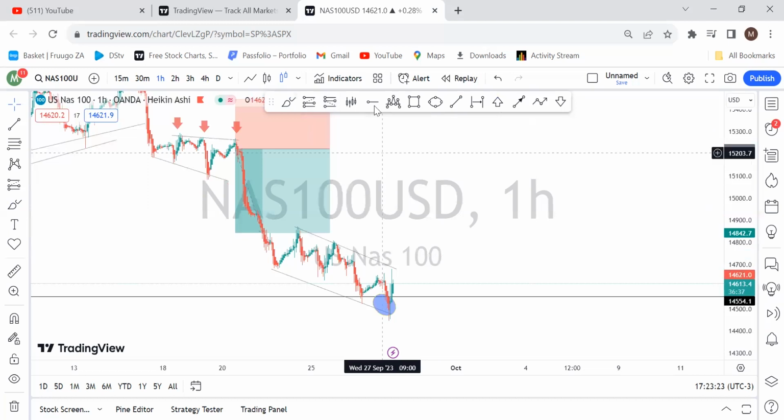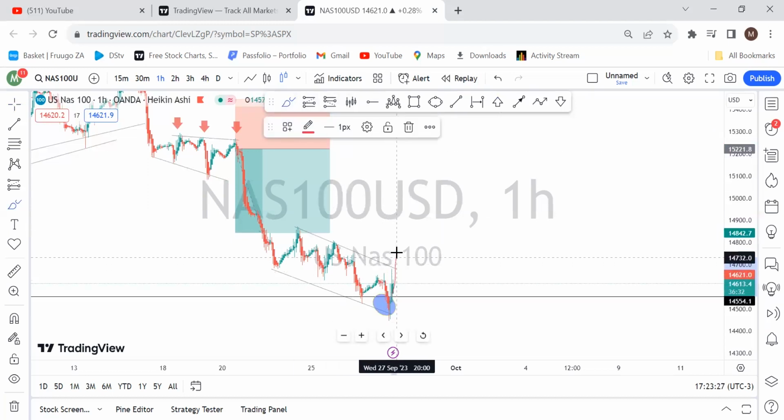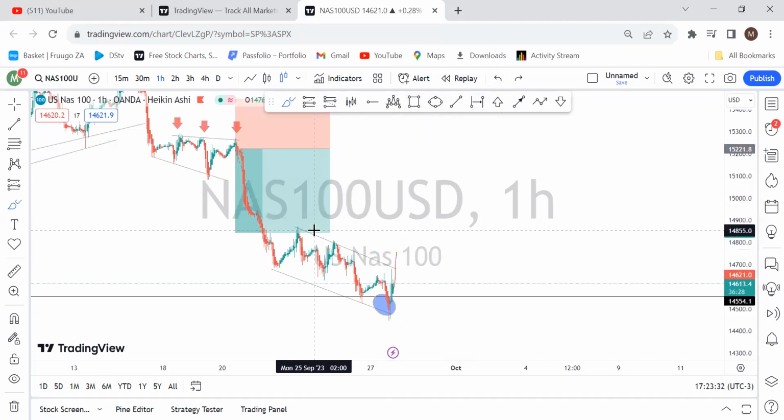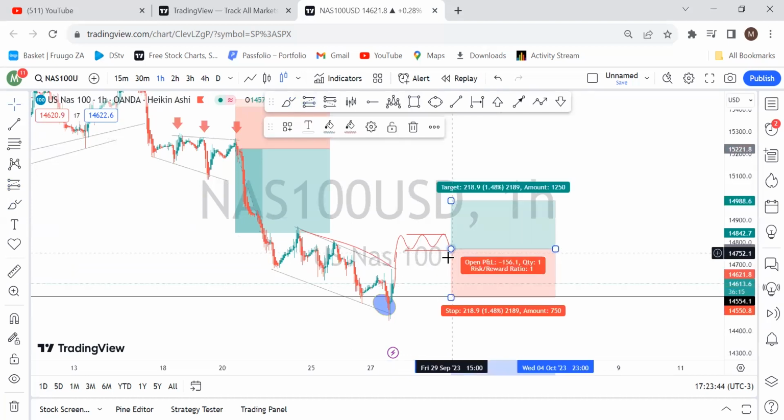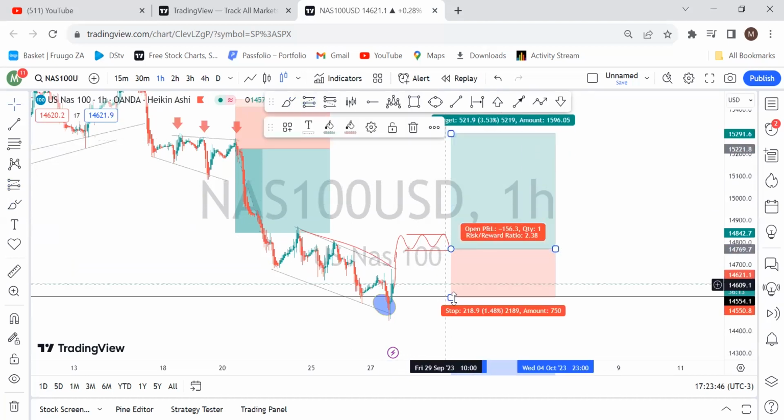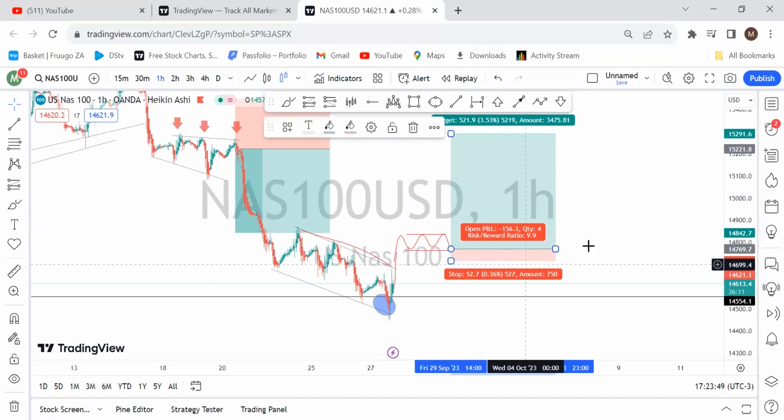Or you could just simply wait for the price to give you a clear impulse to the upside, maybe break out of this structure, out of this correction right here, break out, and then let the price give you a nice continuation correction to the upside, and that's where you can base your entry and just buy safely, right?